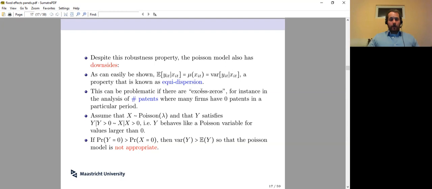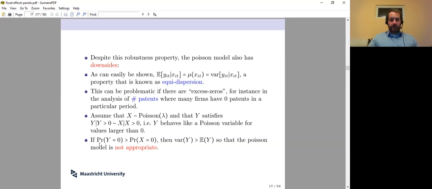Okay, let's talk a little bit more about the case of excess zeros. Let's, for instance, assume that x is a Poisson variable and y behaves like a Poisson variable whenever y is positive. So for anything larger than 0, y behaves as if it was a Poisson variable.